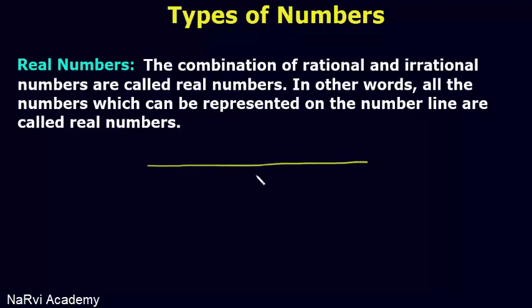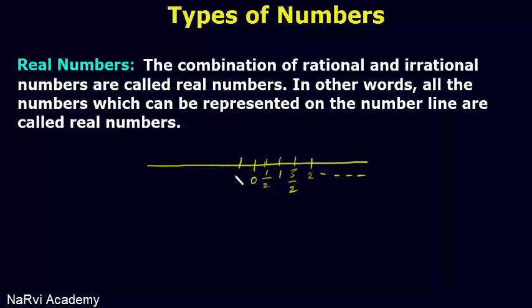Any straight line is a number line, and anywhere 0 lies in between. Definitely, any rational number must be here: 1 by 2, then 1, then 3 by 2, then 2, and so on.